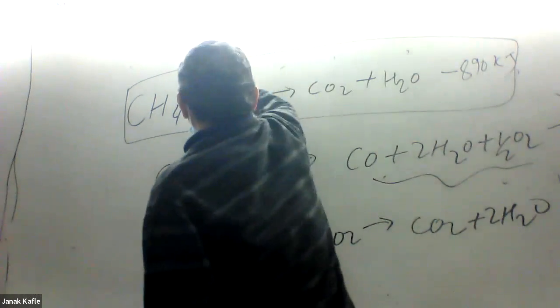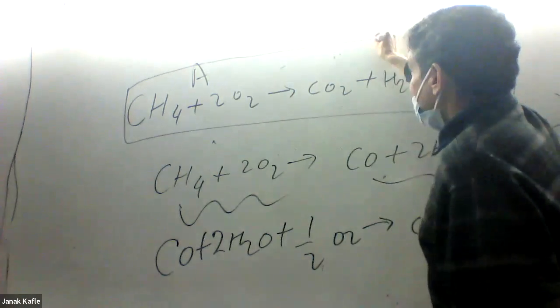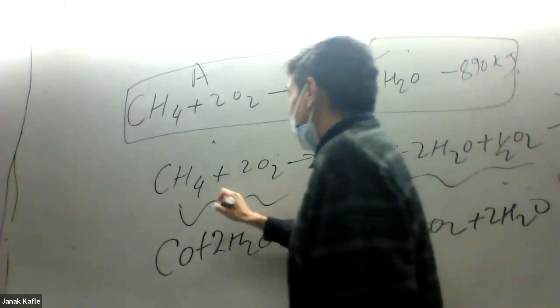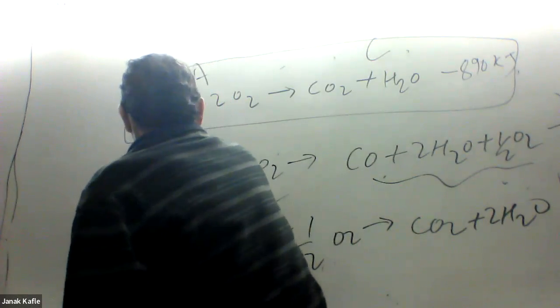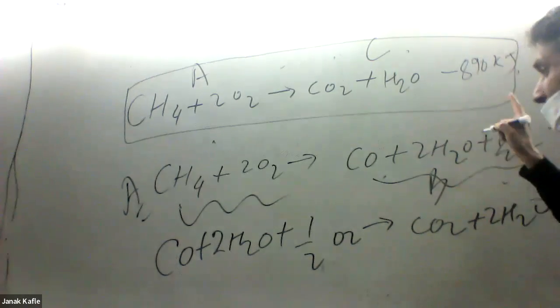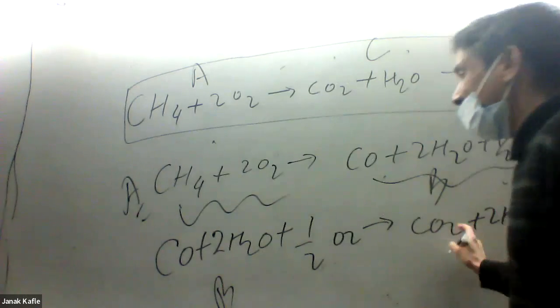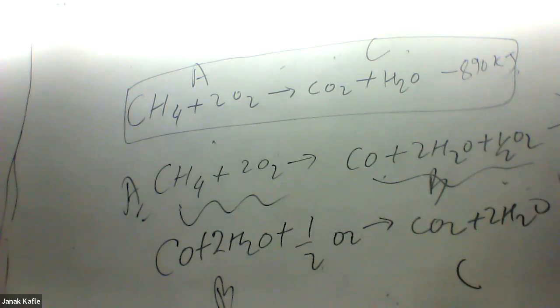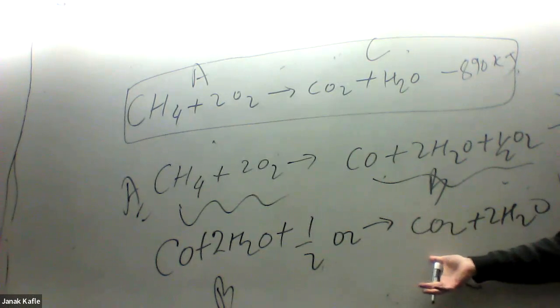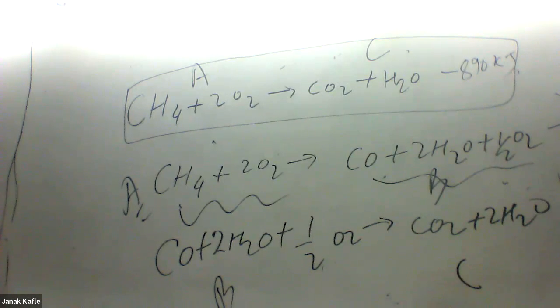This is A; you directly reach C. But in this way, you go from A to B, and from B you go to C. You see that? Here you are doing the same thing in two steps, and there you just did it directly in a single step. Make sense? You got it?